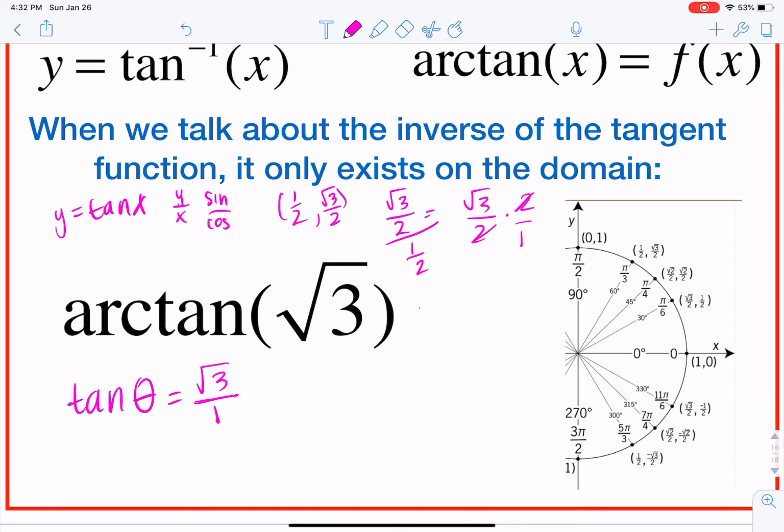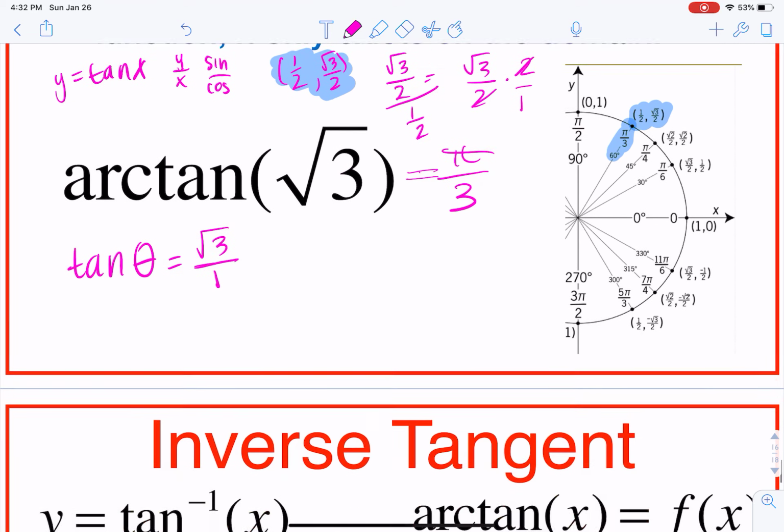So my angle here that I'm looking for, this coordinate point right here, 1/2 comma square root of 3 over 2, happens here at pi over 3 or at 60 degrees. So arctan of square root of 3 is going to happen at pi over 3 or at 60 degrees.